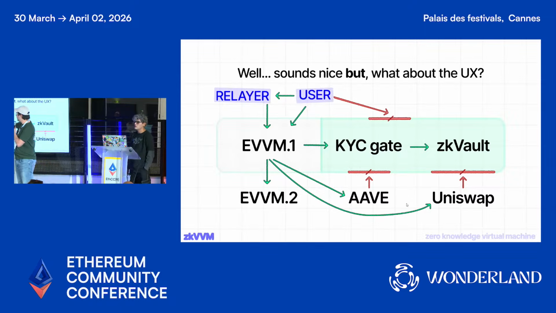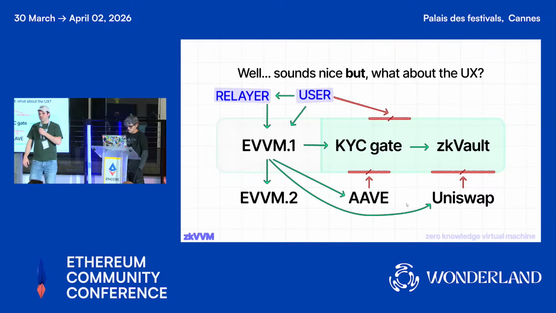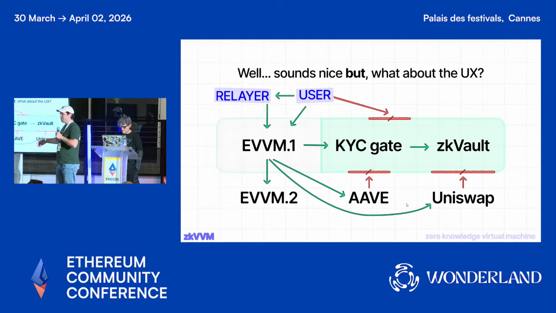And from here, when the user comes here, he can interact with Aave, Uniswap, or other banks as well. While the bank, to interact with other banks, has to be public. So here we have privacy for our users, our bank customers, and between institutions, we have public information.